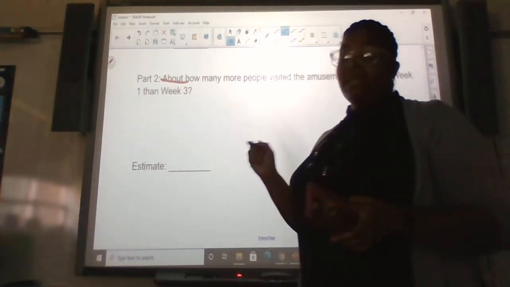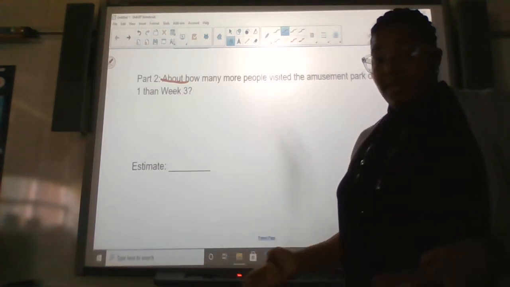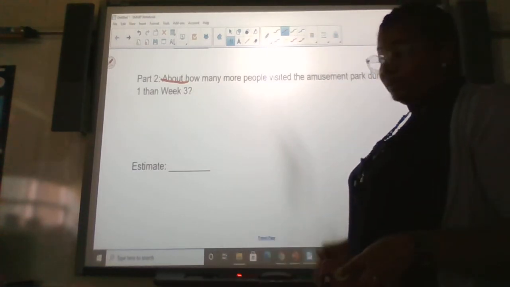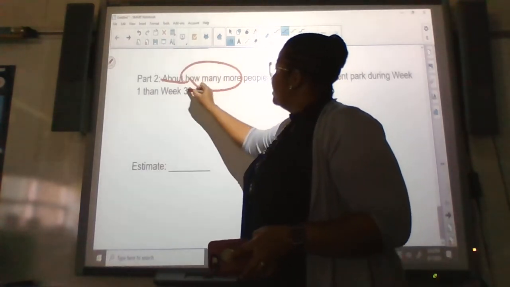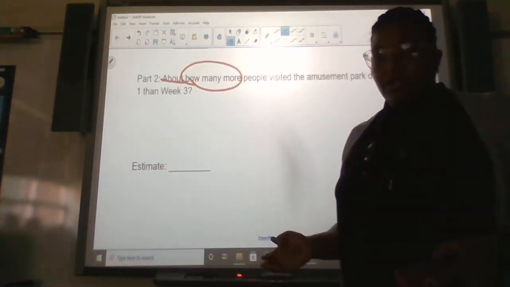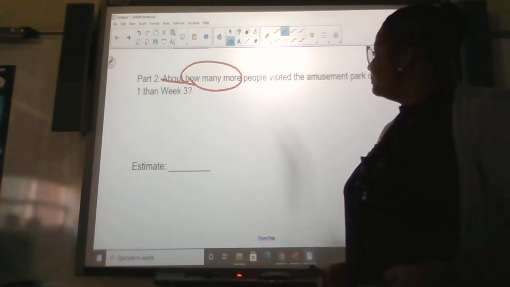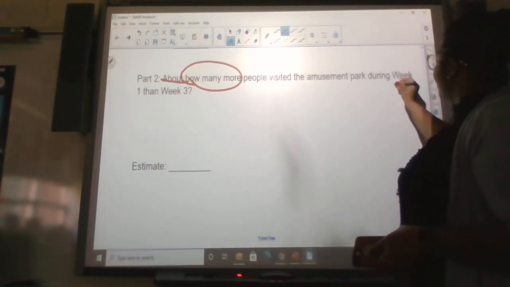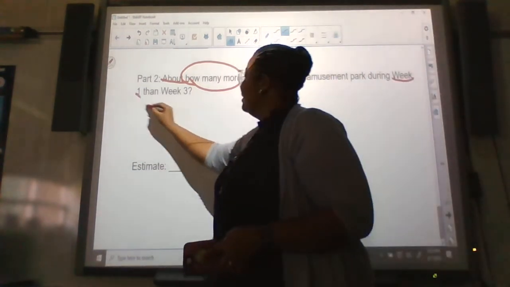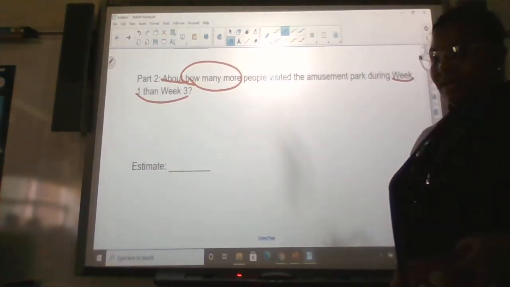About means that I'm going to estimate. I will use the rounded numbers. How many more tells me I am going to subtract.